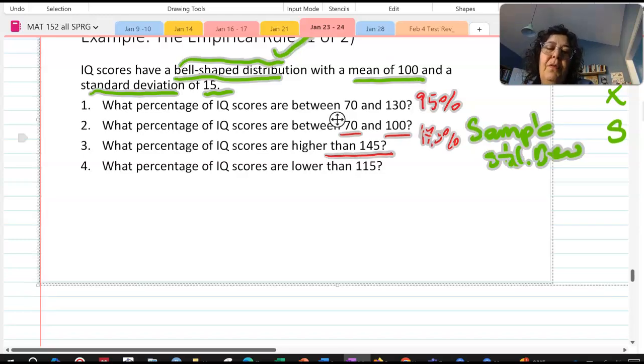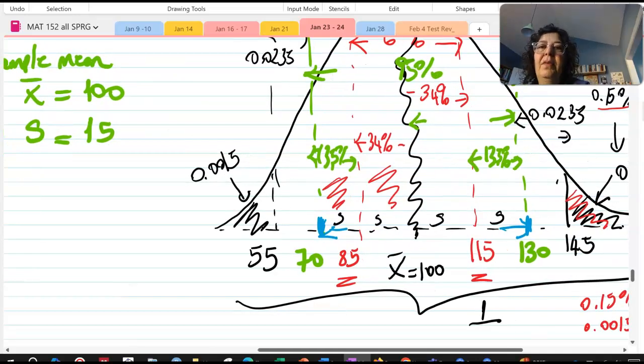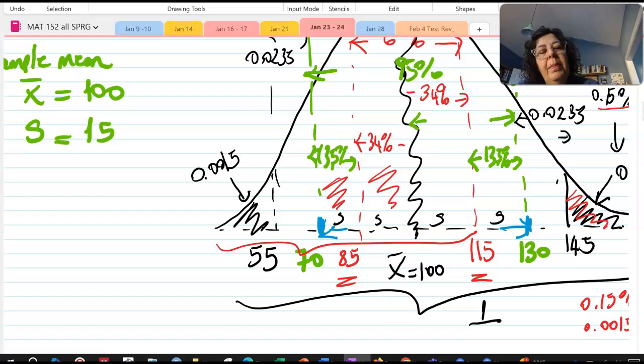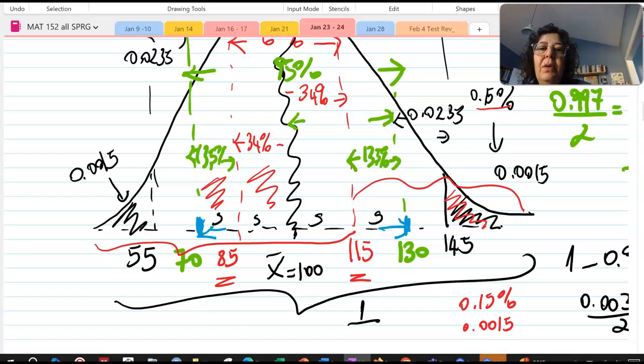What percentage of IQ scores are lower than 115? Oh, this is a whole lot of area. This is this area. It can be done in multiple ways. If you know how much is left here, you can subtract it from 1, or you can add each of these slices.